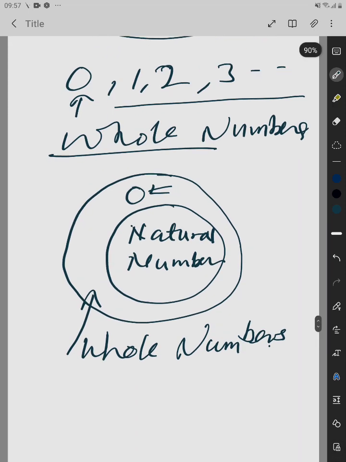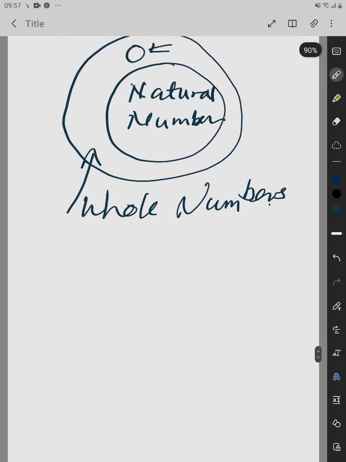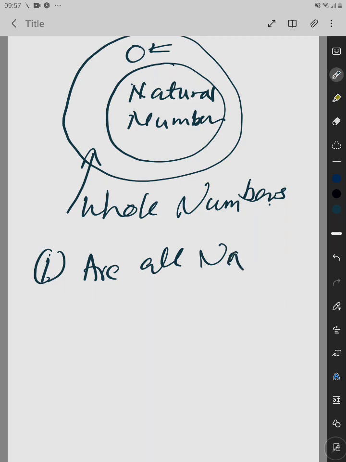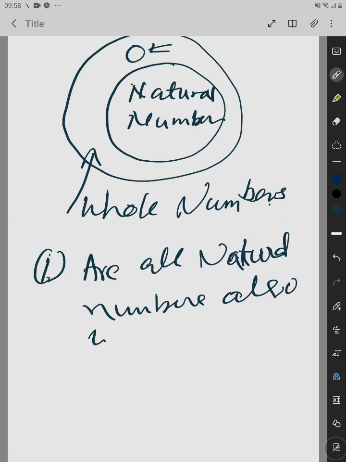There are some questions also in this. The first one is perhaps not exactly a question. It asks: are all natural numbers also whole numbers?